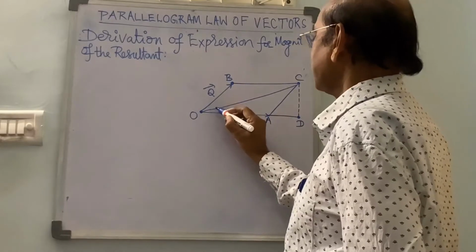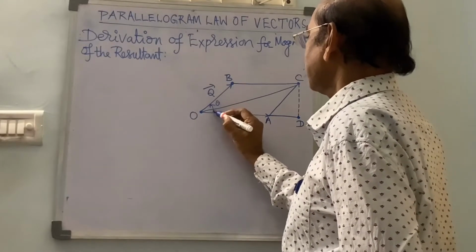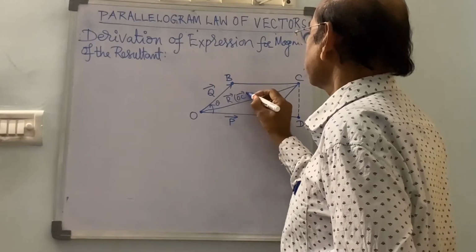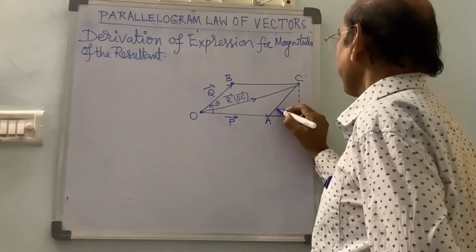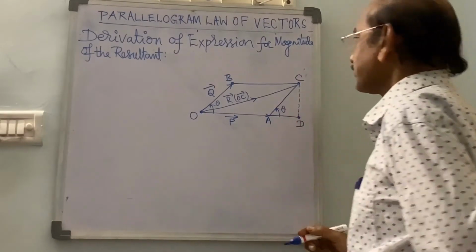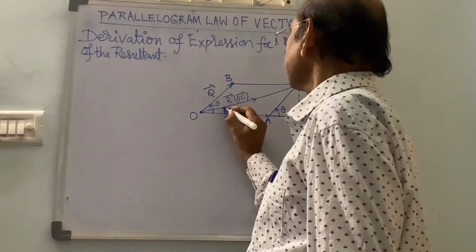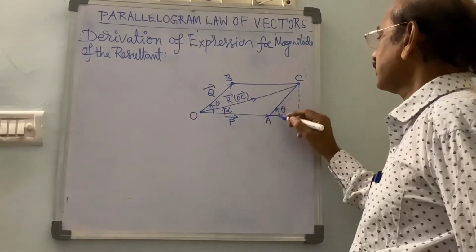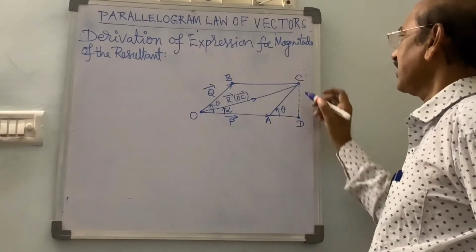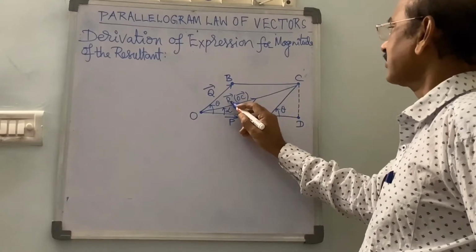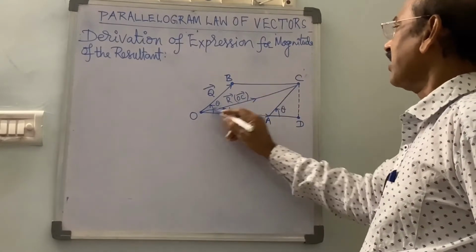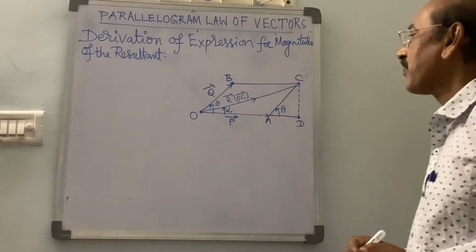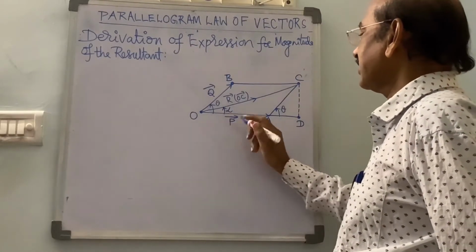Now the diagonal passes through the same point O. Now constructing the parallelogram as shown in the figure, the resultant OC bar or R bar is a vector and it has a certain magnitude, which is equal to its length OC, and the direction is always denoted by an angle.